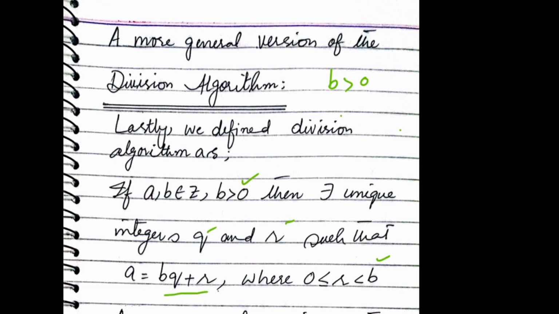But is it possible that the division algorithm holds when b is negative? Yes, this is possible. And both cases can be summarized in a general version of the division algorithm.